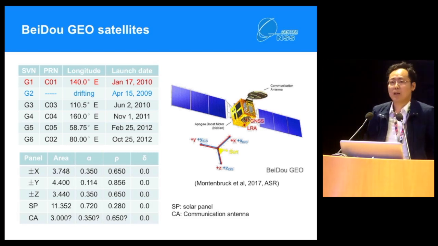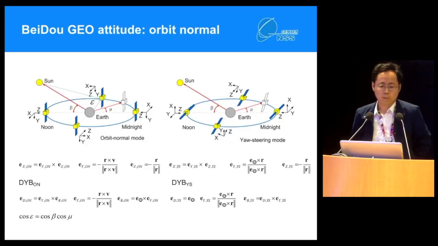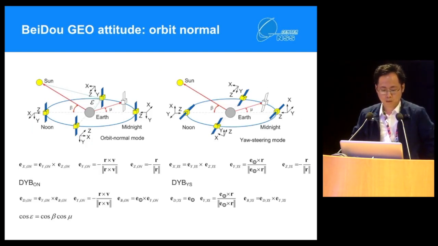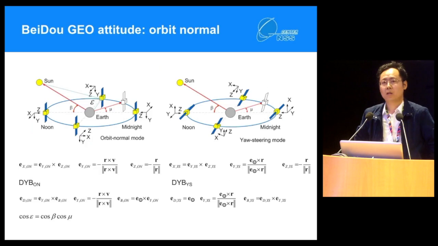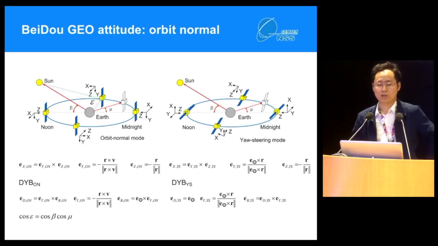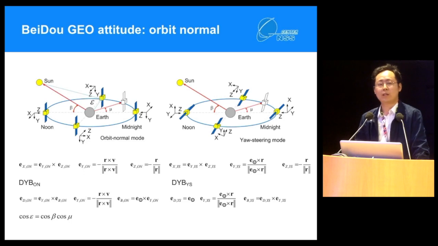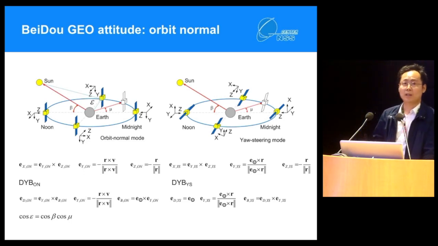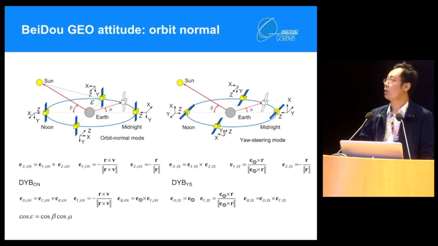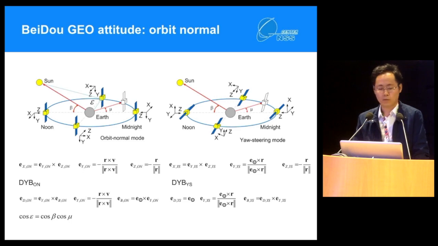The BeiDou GEO satellites use the orbit normal attitude mode. I list how to calculate the orientation of the satellite reference frame in space, and also list a redefined model. For completeness, I also give the definition of the yaw steering model for both of them.